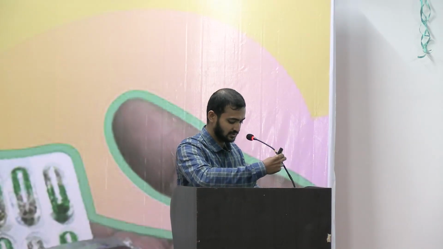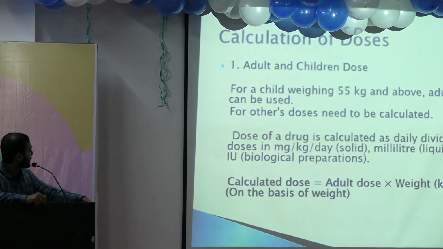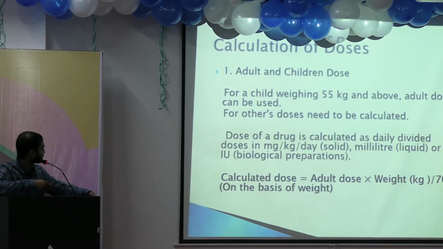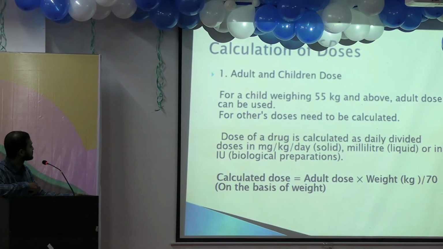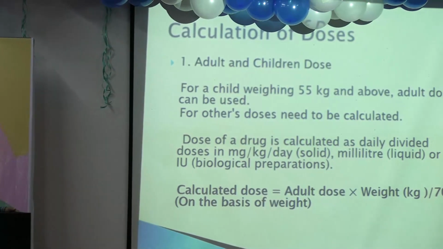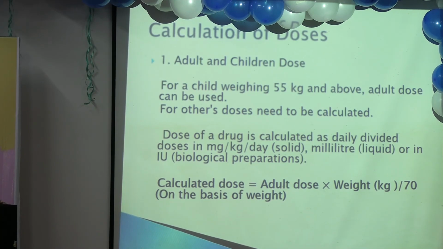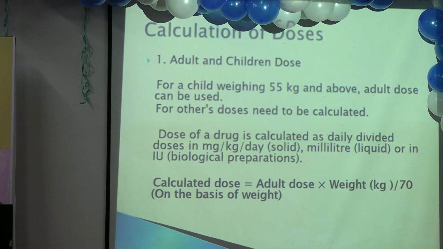So now we'll go to the main part of the calculation. How will you calculate the dose? On the basis of weight. If you want to calculate the pediatric dose, it is the adult dose multiplied by weight in kg divided by 70.